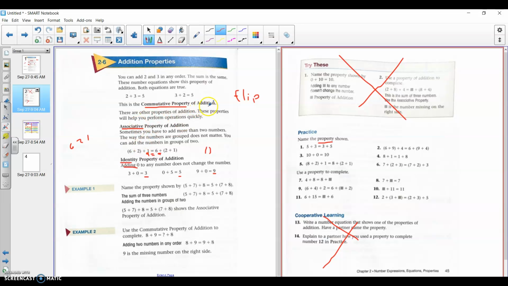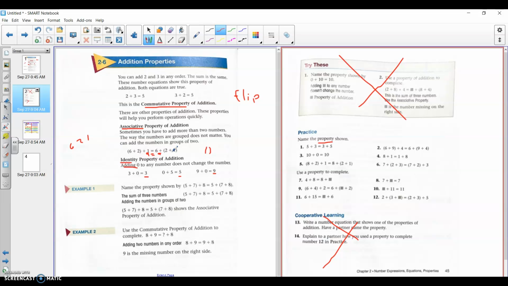If they're flipping the numbers and they're the same, you know you have the commutative property. If you have parentheses on both sides and the numbers are the same, and they're just grouping them differently, then you know you have the associative property. And the last one, if you are adding 0 to any number and that number doesn't change, then you have the identity property.